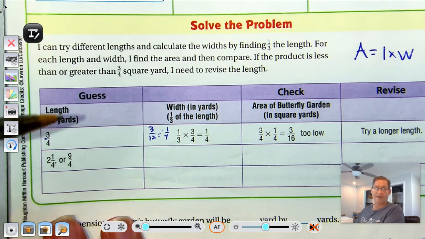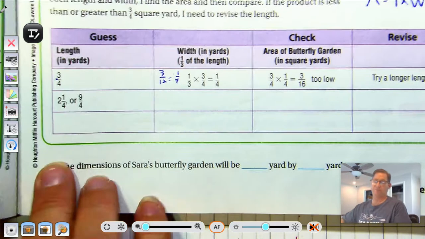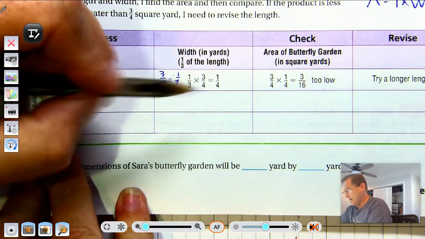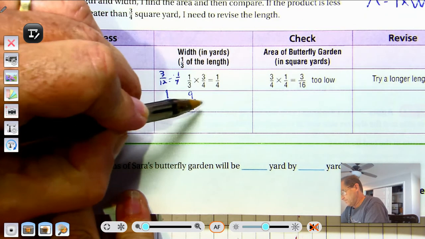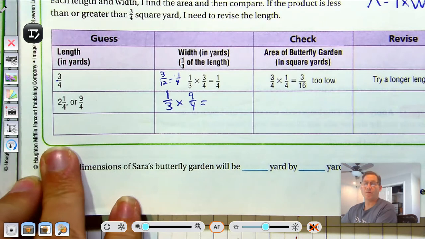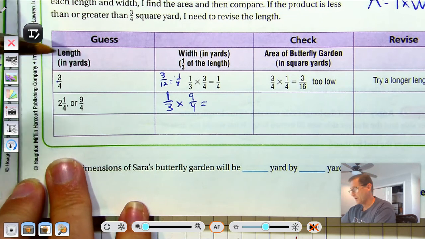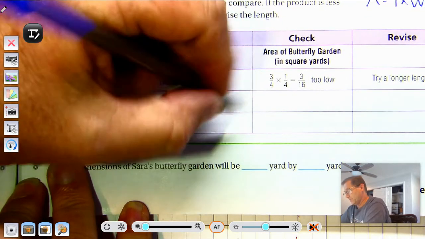So let's try a longer length. This time they're saying, all right, let's go 9/4, or 2 1/4, for one of the sides. So 9/4, and we want 1/3 of 9/4. Well, 1 times 9 is 9, and 3 times 4 is 12.